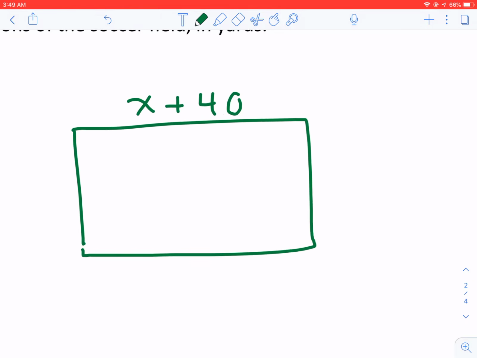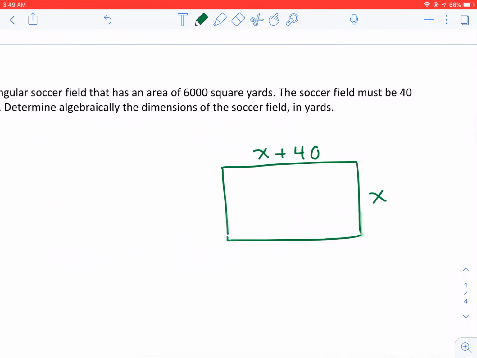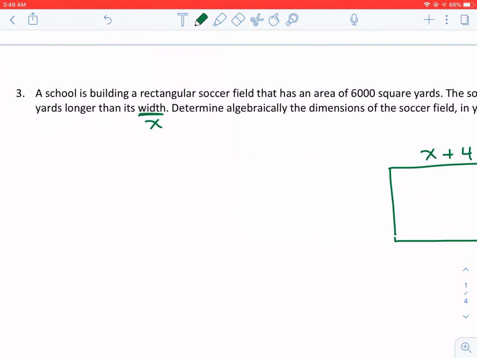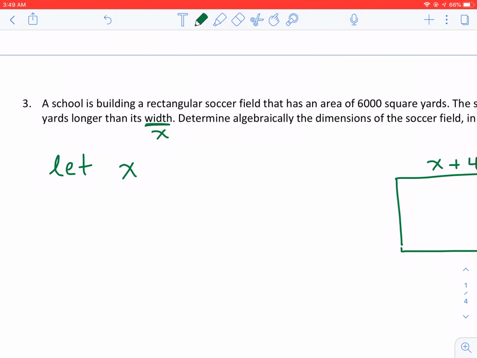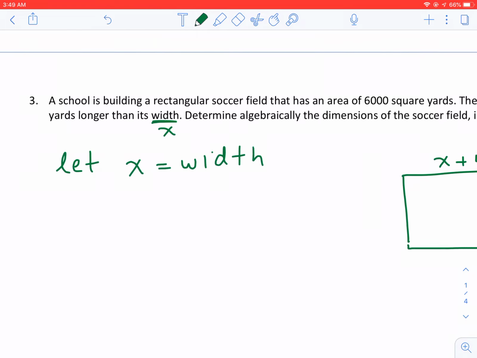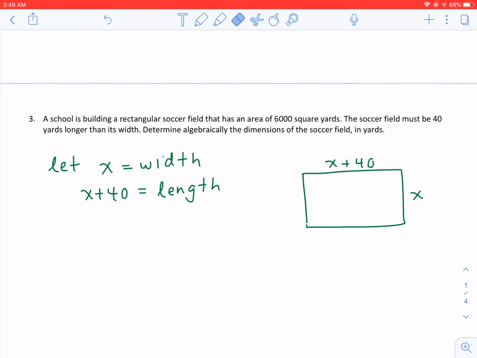So the dimensions of the soccer field have to be x by x plus 40. If you want some let statements, I'm going to let x equal the width, which would mean x plus 40 is going to equal the length, because the other dimension is 40 yards longer than the width.